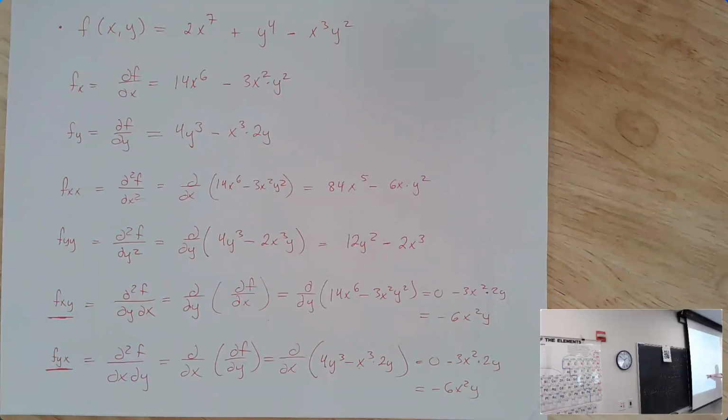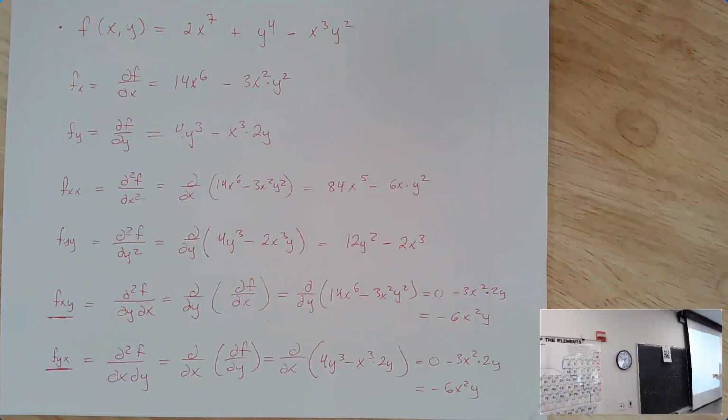Right there. So what I'm saying is del squared f over del y del x means take the derivative with respect to y of the derivative with respect to x. And then also for the next one, I'm replacing del f del x with what del f del x is equal to.